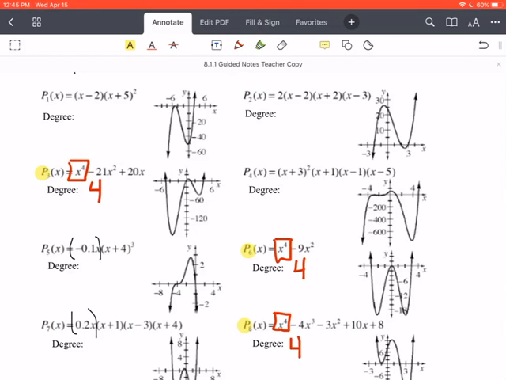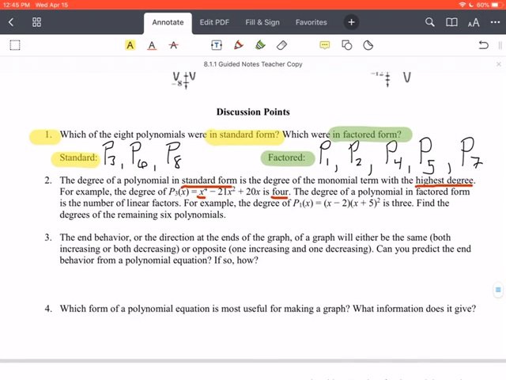Okay, so then if we go back to number 2, now we are going to look at if the polynomial is in factored form. Okay, we are looking at the number of linear factors that exist in the factored form. So if we look at P1, someone might be tempted to say this represents a degree of 2 because there are 2 factors.